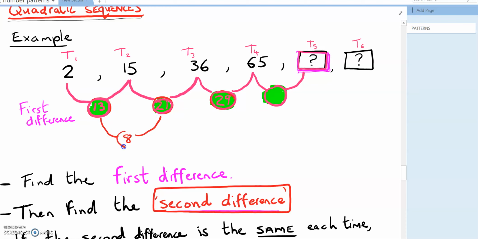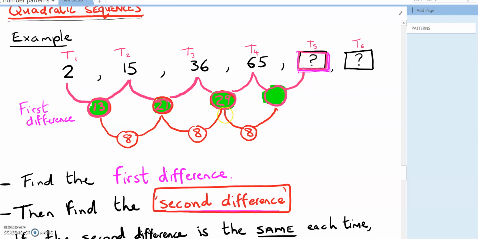It's 8. And what's the difference between 21 and 29? That's also 8. So what would the difference be between 29 and this number? 8. And that's going to help us get this number, which in turn will help us get this number.